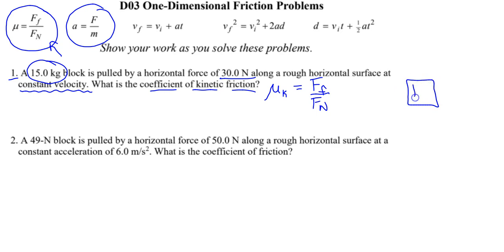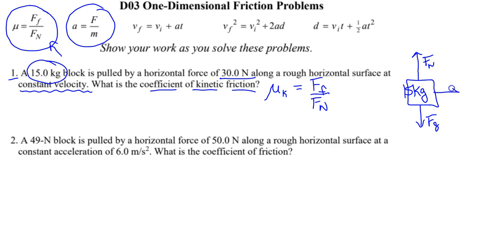We have a 15 kilogram block here, so 15 kilograms. Sorry that that's a little off center. We have the normal force acting up. We have the force of gravity acting down. We know that those two have to be equal and opposite because it says that it's being dragged horizontally. So we don't have to worry about those; they are equal and opposite.